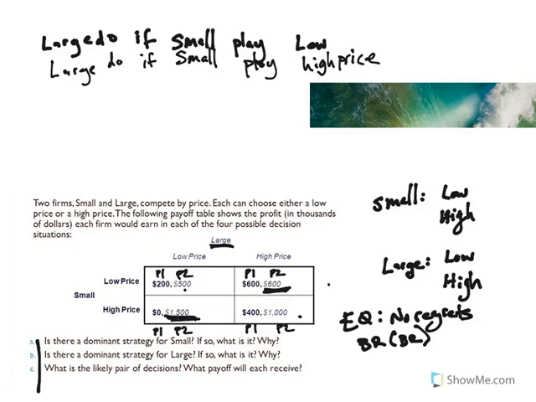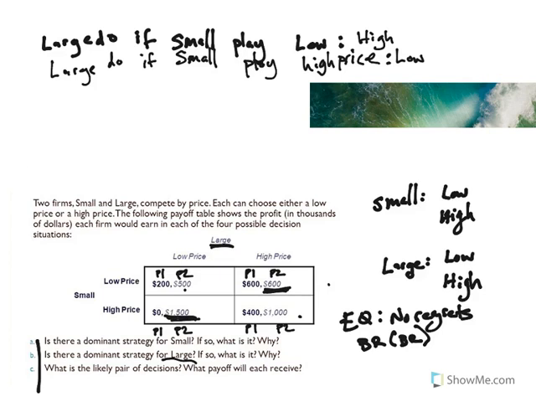So let's move our little cover out of the way here and see what we have concluded so far. So if large knows that small is going to play low, they choose high, and if they know that small is going to play high, they should choose low. So let's answer the first one. Is there a dominant, actually we're on the second one here, is there a dominant strategy for large? So a dominant strategy means there's always the best choice no matter what the other player does.